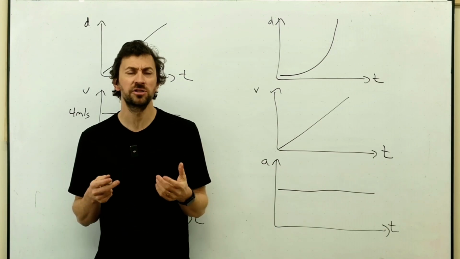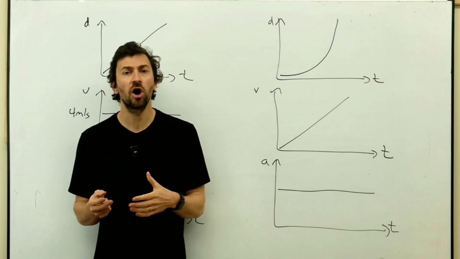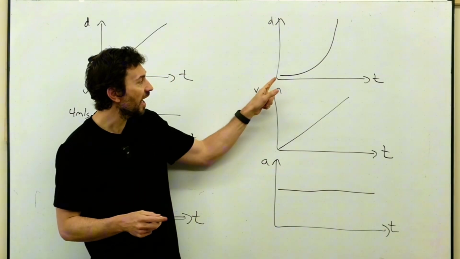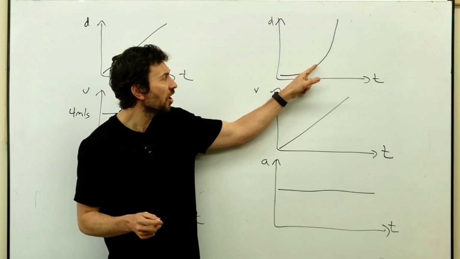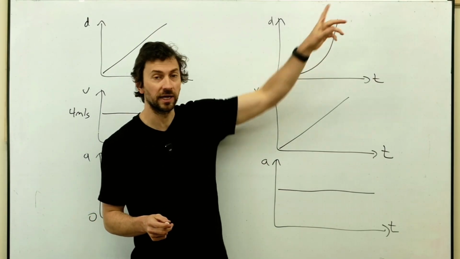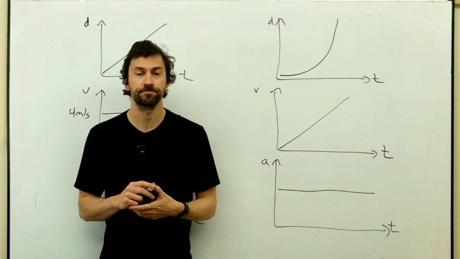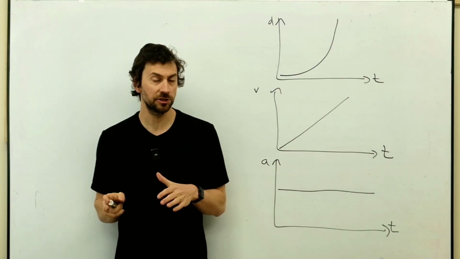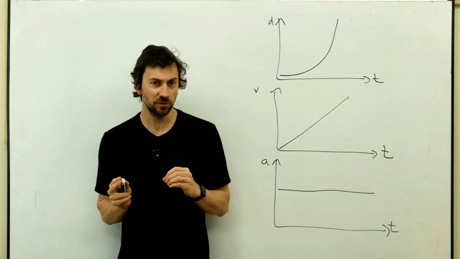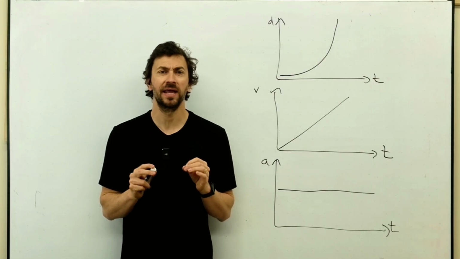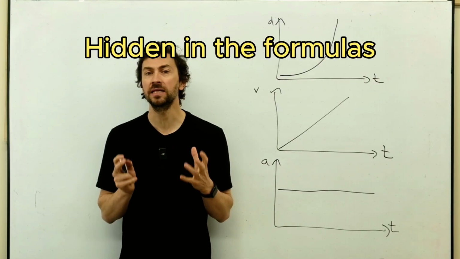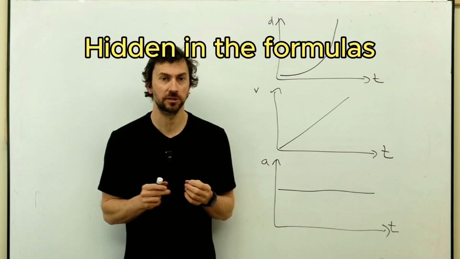This makes sense if you think about it. If you're in a car with your foot on the gas, at first you're not going to go very far, but the more you go, the faster you're going to get, because you're accelerating and getting faster and faster.